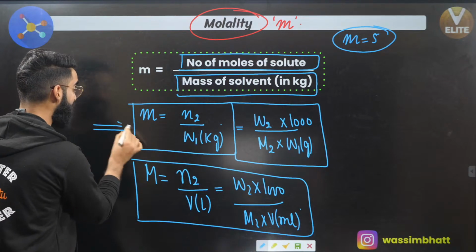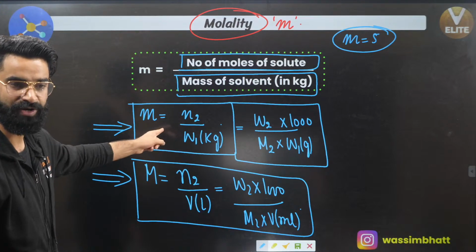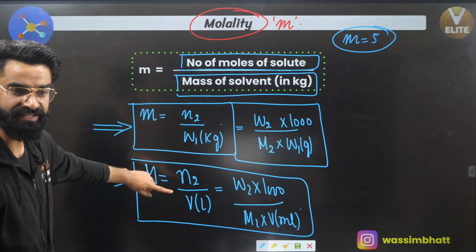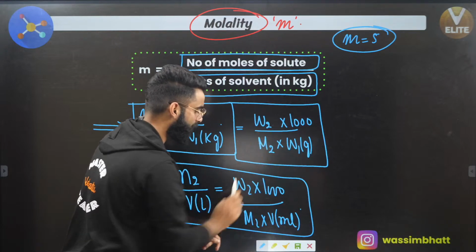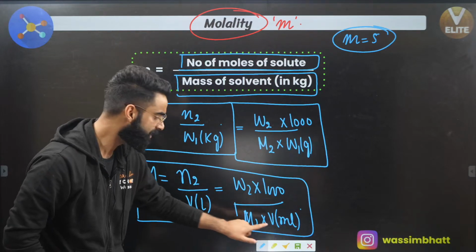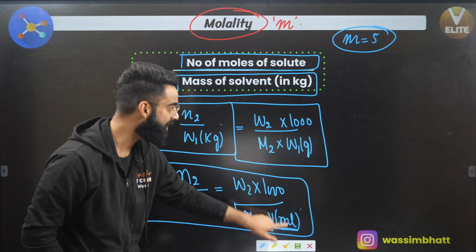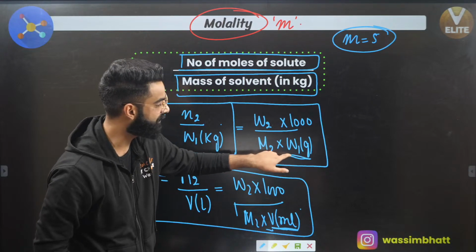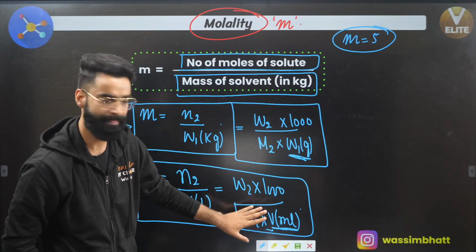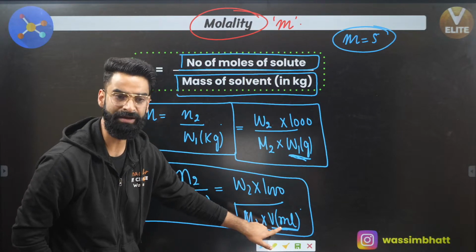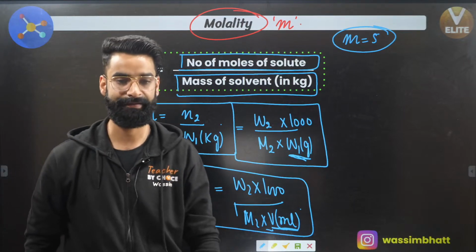This is molality, and this is molarity. Where is the difference? Just look at this formula and this formula. In molarity, we use volume of solution in milliliters. In molality, we use mass of solvent in grams. That's it. Rest everything is the same.